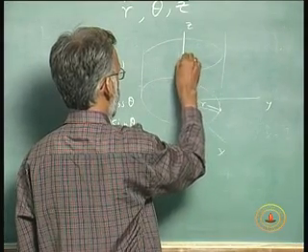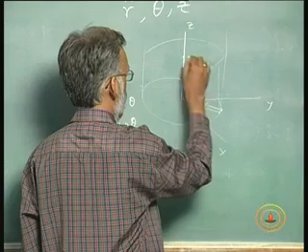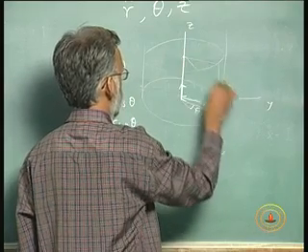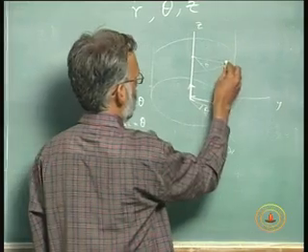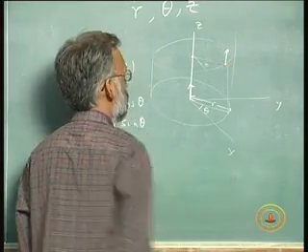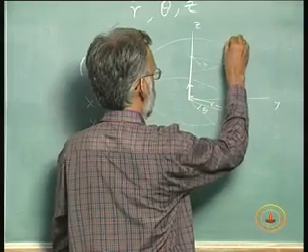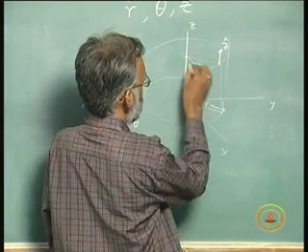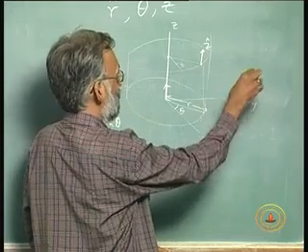So, we have come to some height z and we have come to some angle theta. At this point, the z direction is vertically up. This is z hat. The r direction means keep that z fixed, keep that theta fixed, increase r.